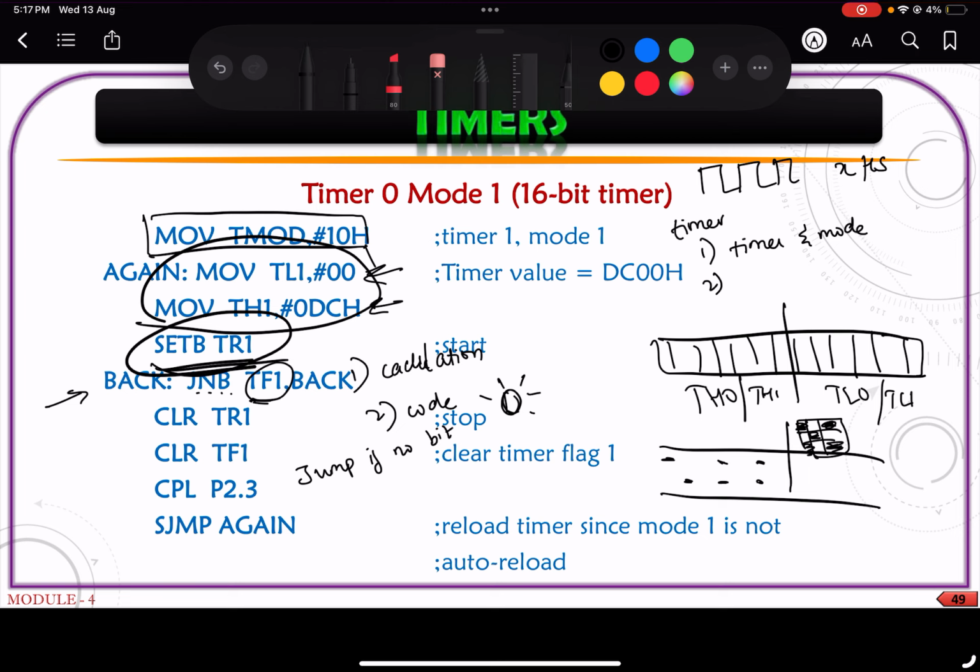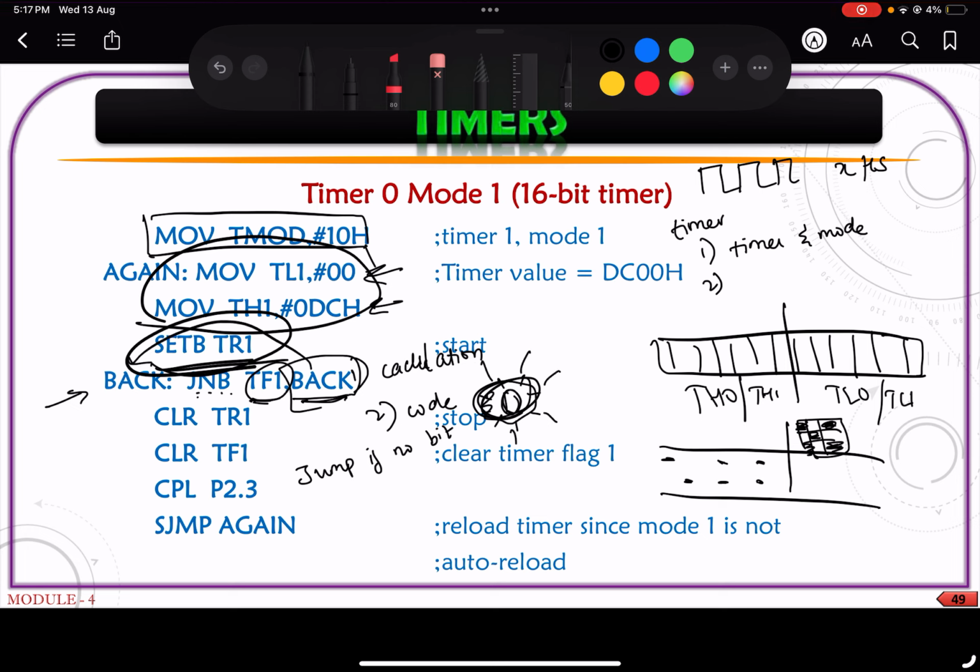Unless it's glowing, I am going to jump to an address called back. So if no bit, that means if the light is dim, I will go to this address. The moment the light starts glowing, I will go to the next line. That's what the JNB instruction does.